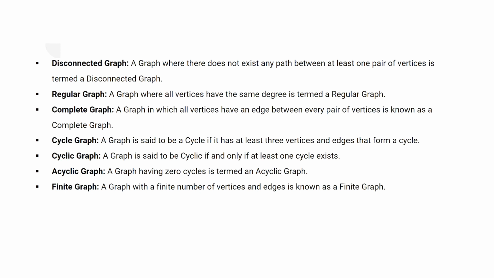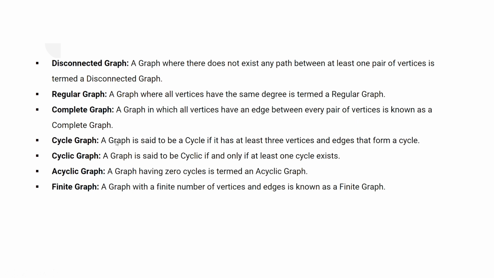Then the disconnected graph: a graph where there does not exist any path between at least one pair of vertices is termed a disconnected graph. Next, the regular graph: a graph where all the vertices have the same degree. Next is the complete graph. As the name says itself, a graph in which all vertices have an edge between every pair of vertices is known as a complete graph.